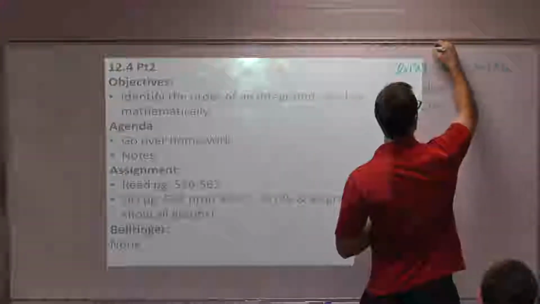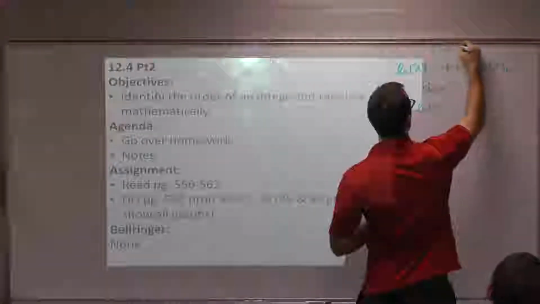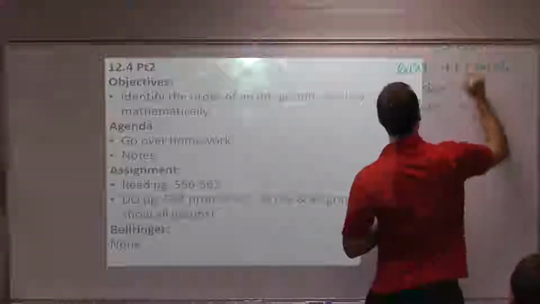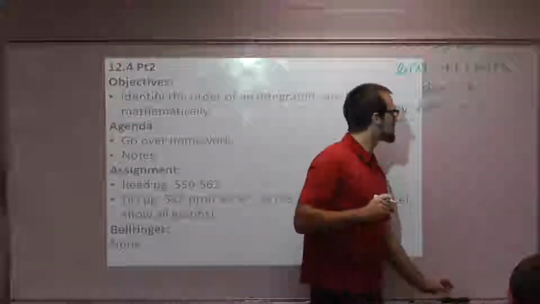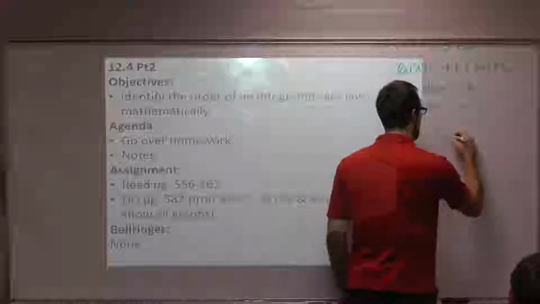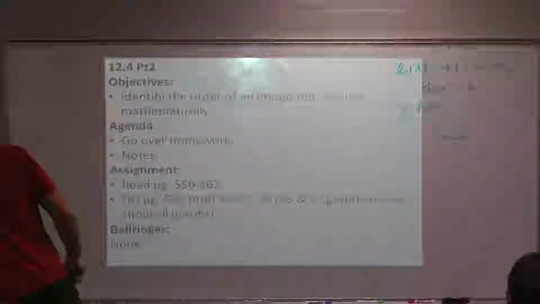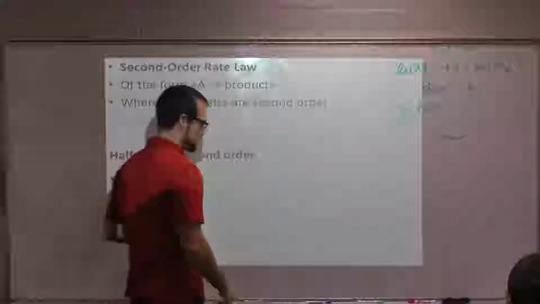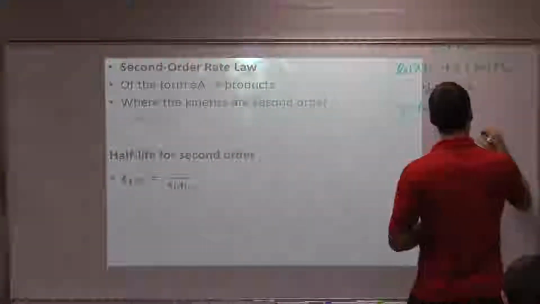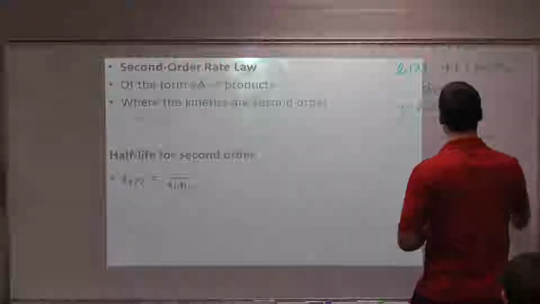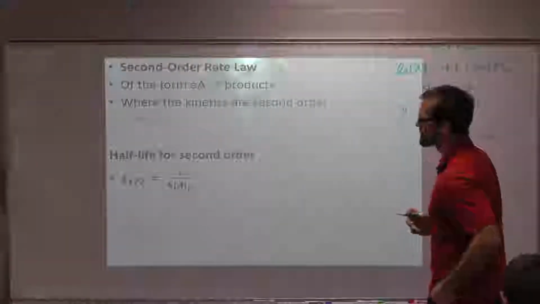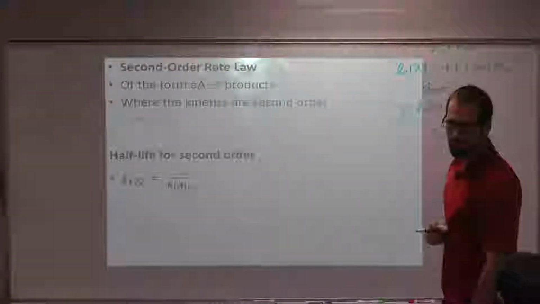I'm not so worried about this. If it's first order, it will give you a nice straight line. Second order, it's like this. It's kind of small, hard to see.